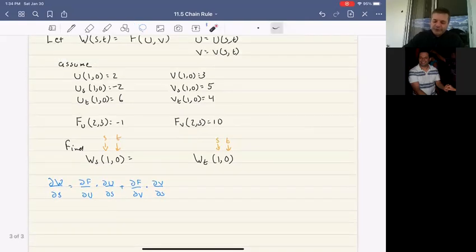Okay. When does this happen? Well, of course, it happens when U equals 2 and V equals 3. So that's going to be this number. Let me write down what it is. That's going to be F sub U of 2, 3. F me, F you.